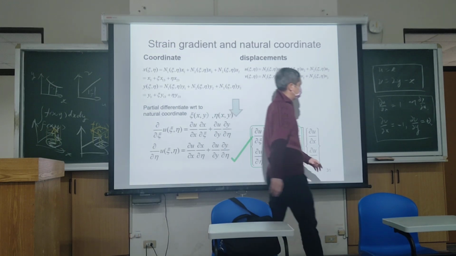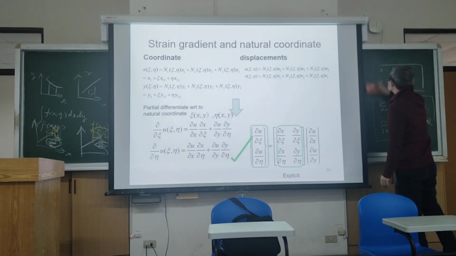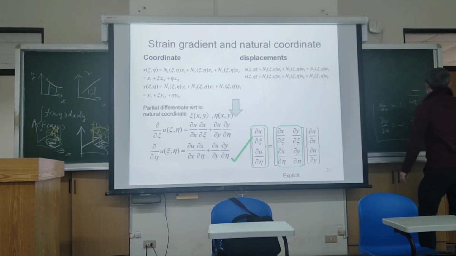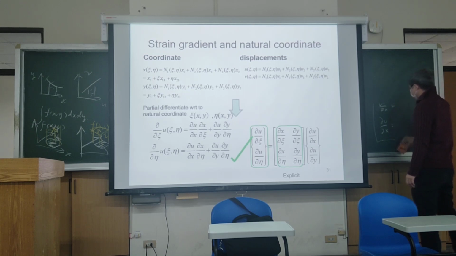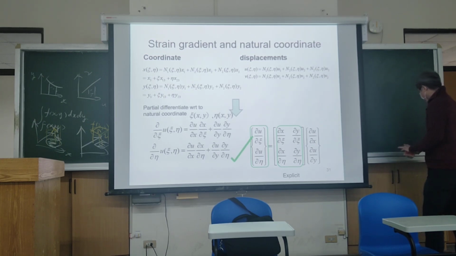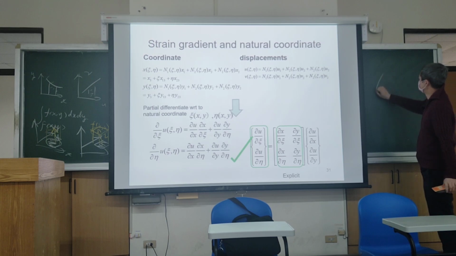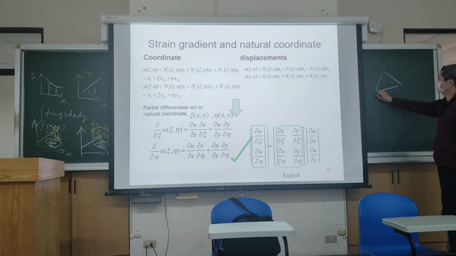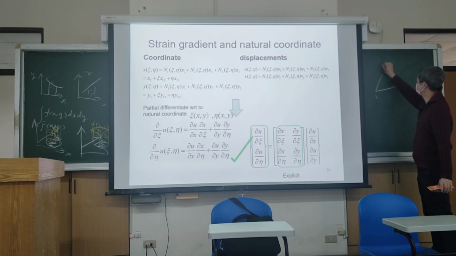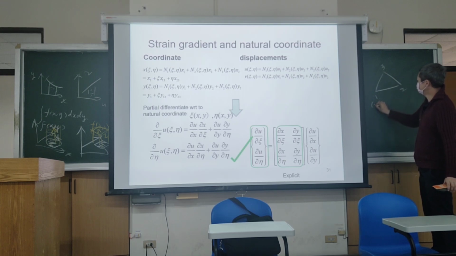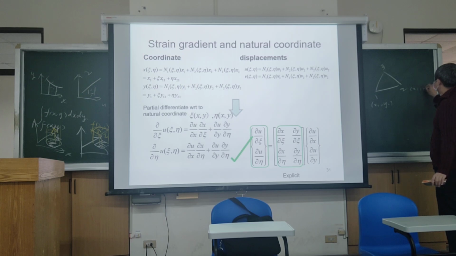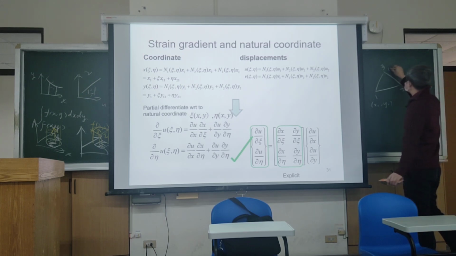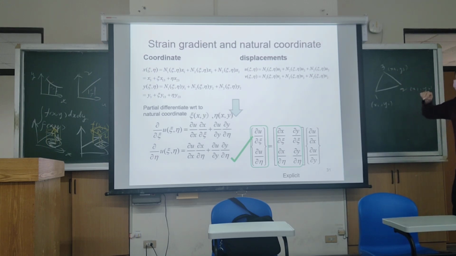Okay, let me just show you the shape function in the 2D case. We're going to use the triangular element now. You have node 1, node 2, and node 3, with locations x1, y1, x2, y2, x3, y3. Okay?